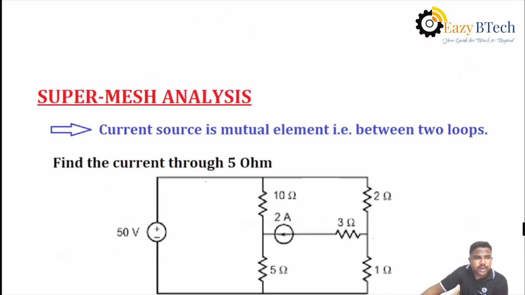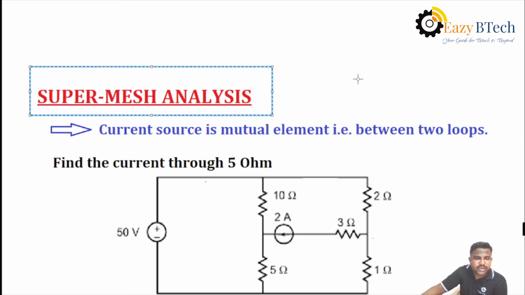Another important topic in mesh analysis is super mesh analysis. Very, very important topic. There is a compulsory problem on super mesh in university examinations also. What is meant by super mesh?